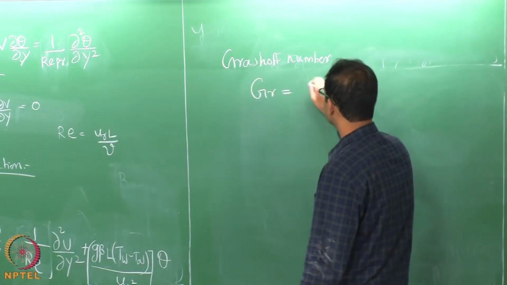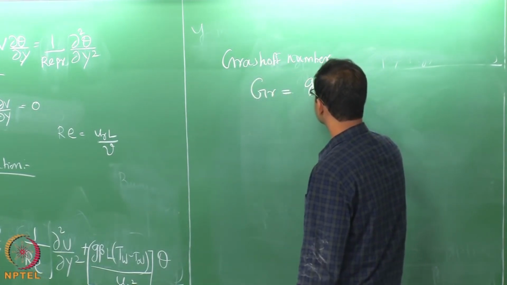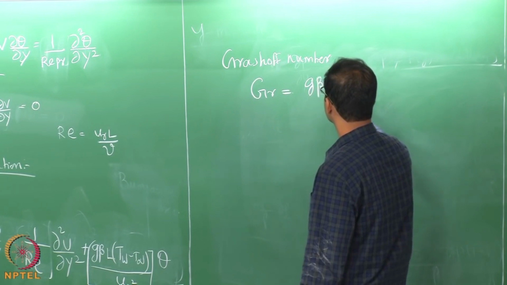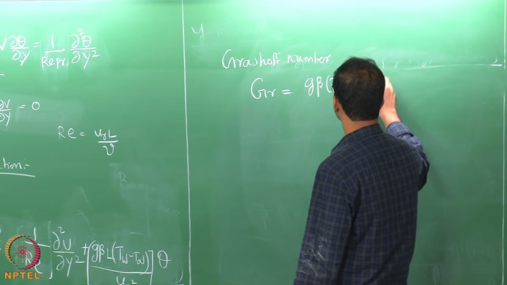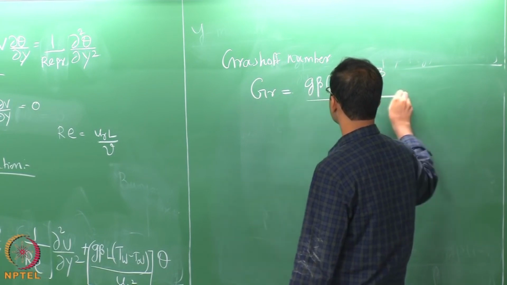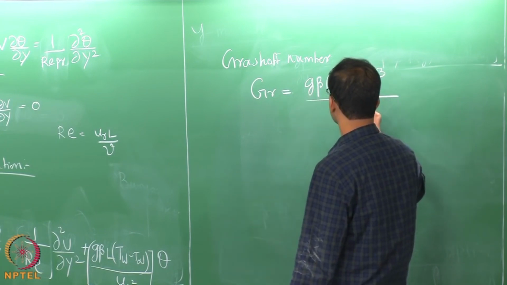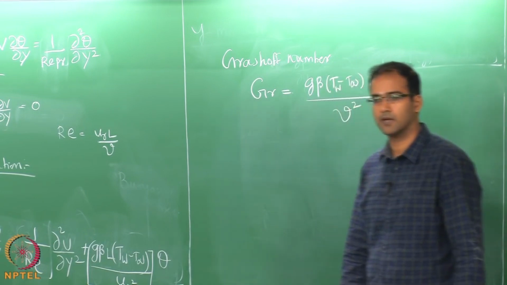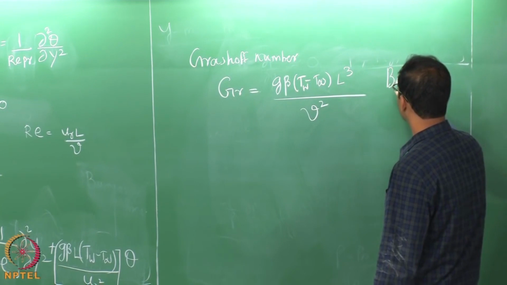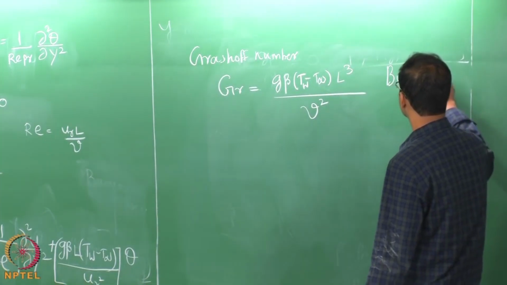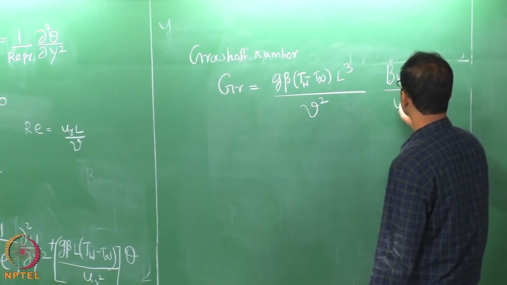This is the ratio of buoyancy force, g beta into T wall minus T infinity into L cube, divided by the viscous force, nu square. Okay. So, this is basically the ratio of buoyancy and viscous force.